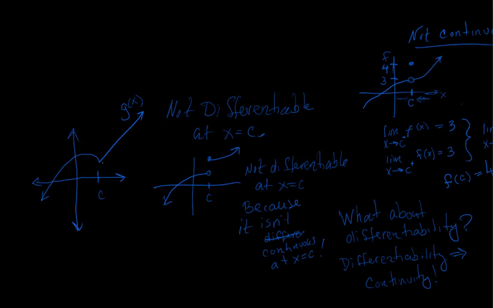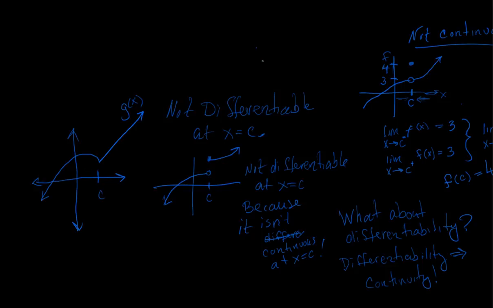Why is it not differentiable? The intuitive idea is that it has this sharp corner right here. That sharp corner shows that this function at x equals c changes too much, too fast, for us to define a derivative right there.